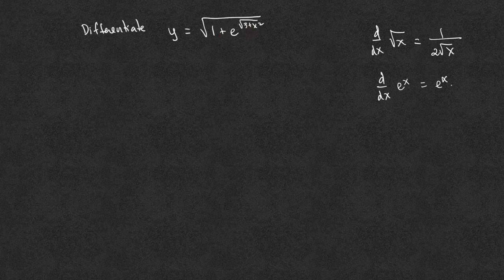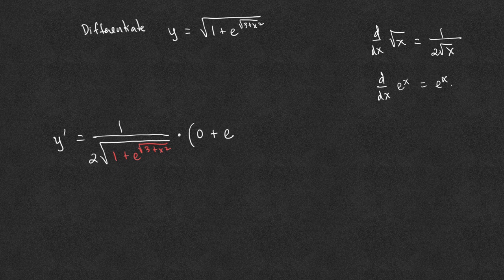And so y prime equals 1 over 2 square root of the block, 1 plus e raised to the square root of 3 plus x squared. And then we need to multiply by the derivative of this block. The derivative of 1 is 0, plus the derivative of e to the block is e to the block.